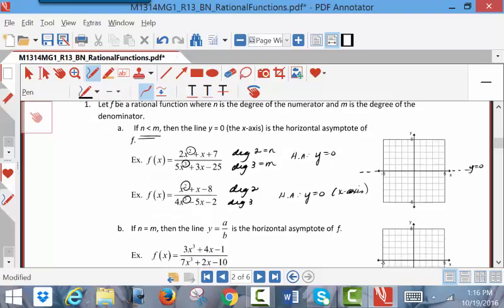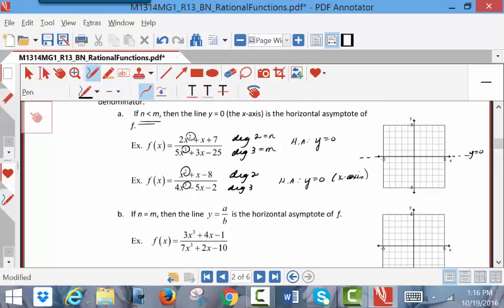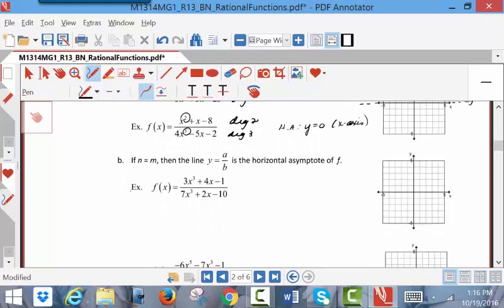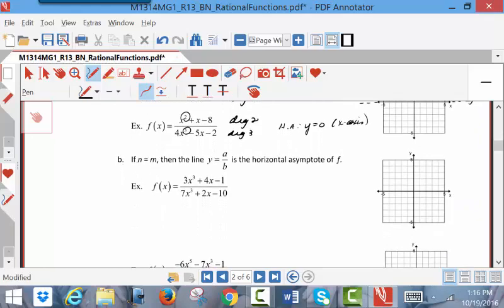Well, there's another way to get a horizontal asymptote here in part B. This one says if the degree of the numerator equals the degree of the denominator. Okay, we'll take a look at this example. The numerator is a third degree polynomial, and so is the denominator.